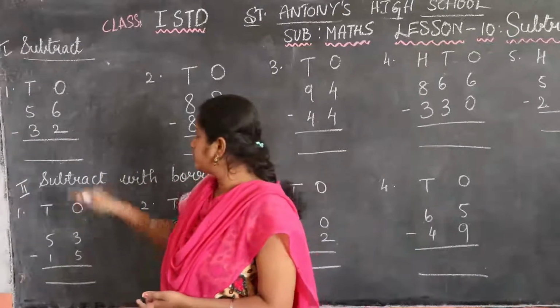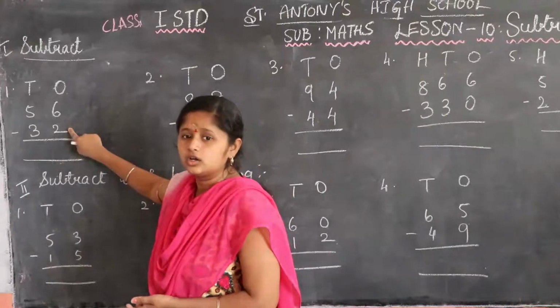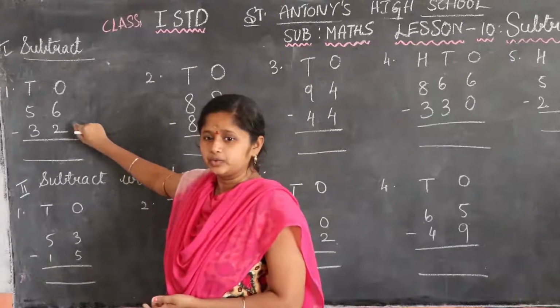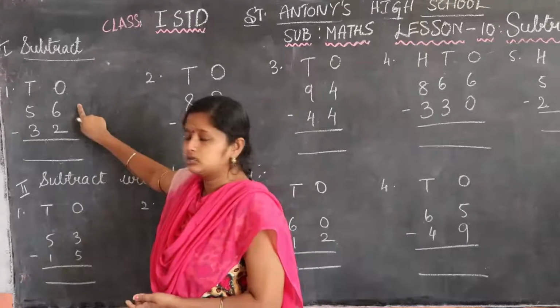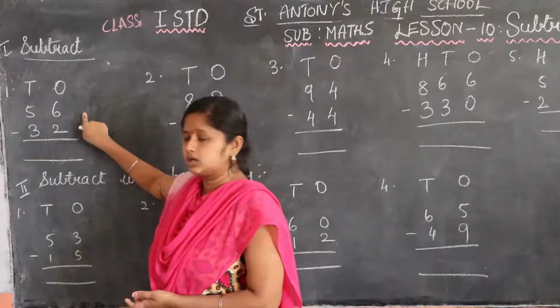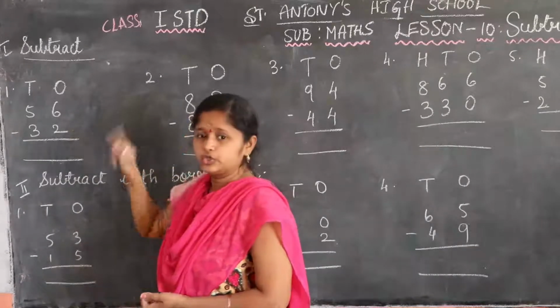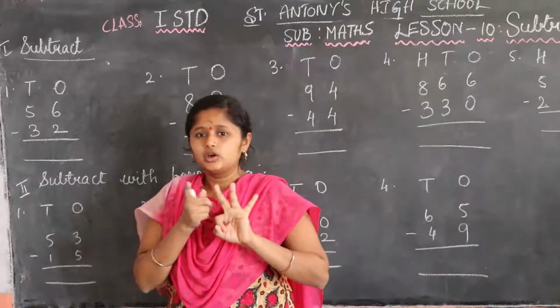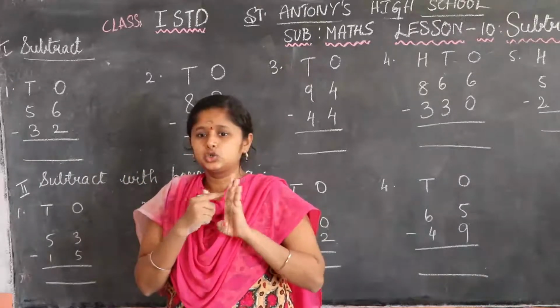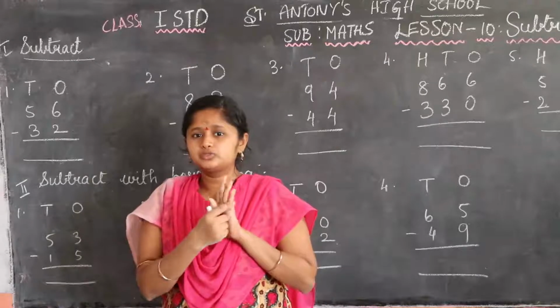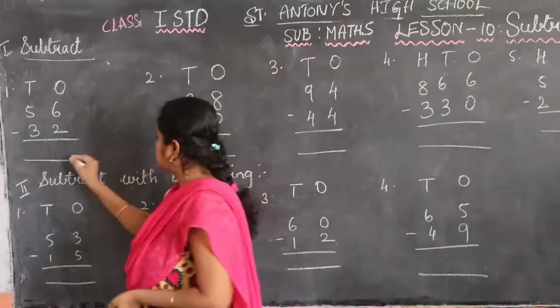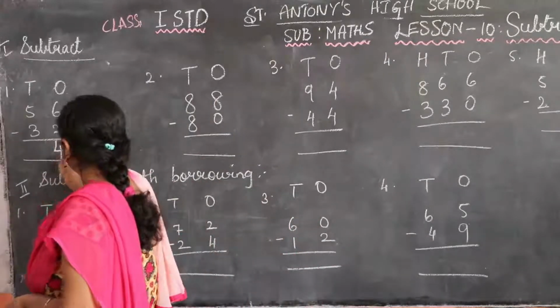So we have to start counting from the smaller number until the number 6 comes. 2, after 2, 3, 4, 5, 6. So how much, children? 4. 6 minus 2 is 4.